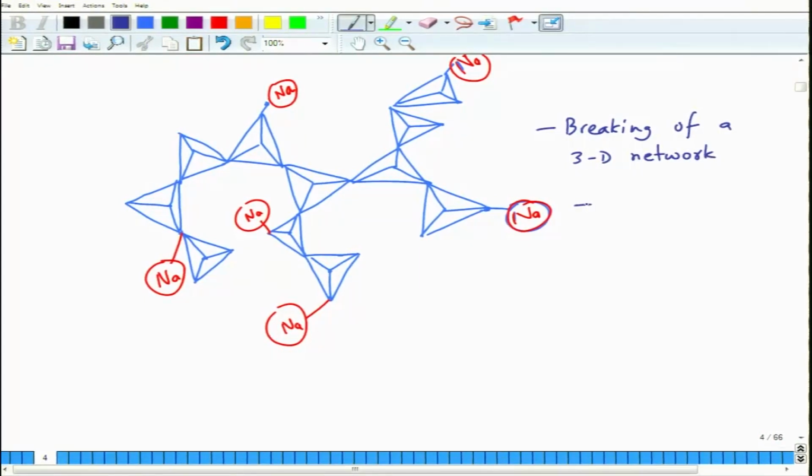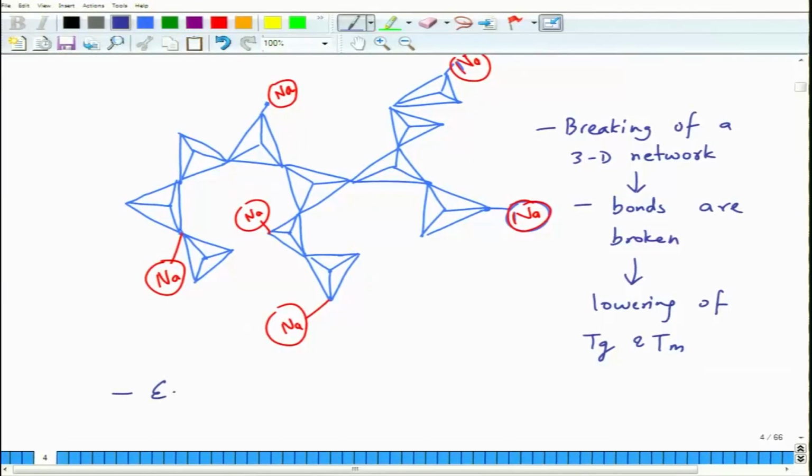So basically, the bonds are broken, and this results in lowering of Tg and Tm. So they basically introduce weaker bonds in the network.